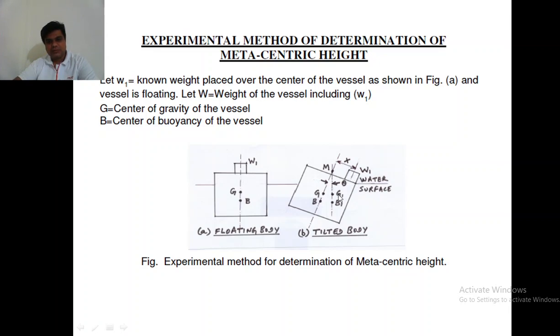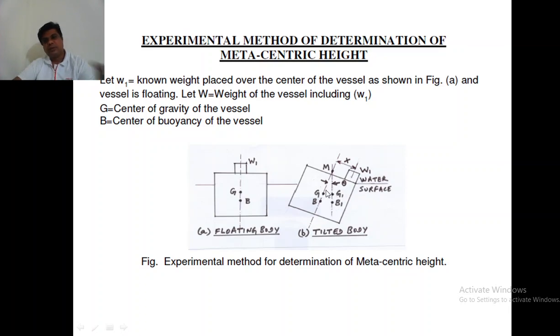Because of this, the vessel will be tilted, so as we discussed in the earlier sessions, the center of gravity and center of buoyancy will be shifted to G1 and B1 respectively.